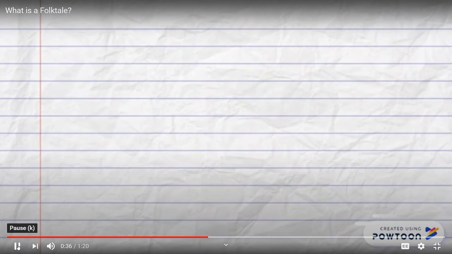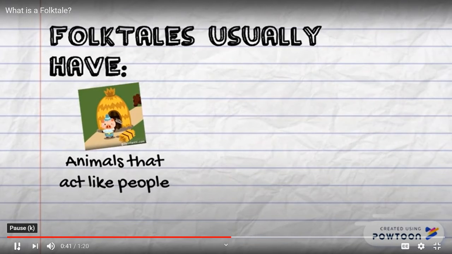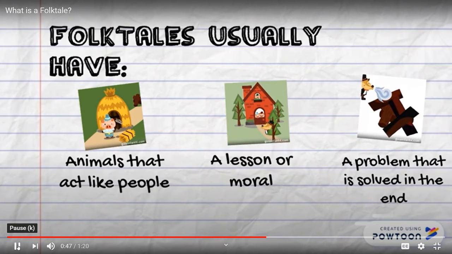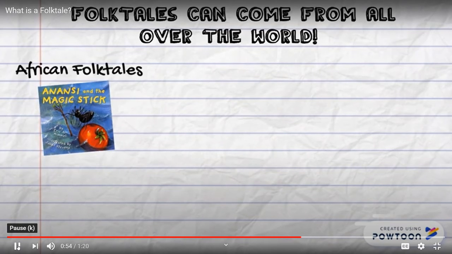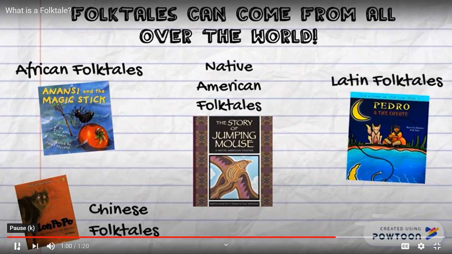Most folktales usually have animals that act like real people, a lesson or moral, and a problem that gets solved in the end. Folktales can come from all over the world. There are African folktales, Chinese folktales, Native American folktales, and even Latin folktales.